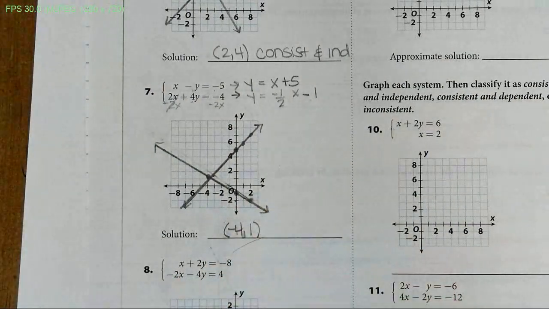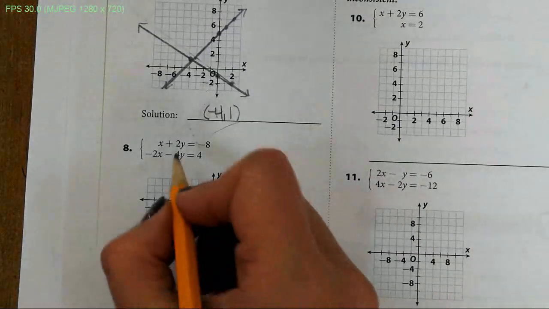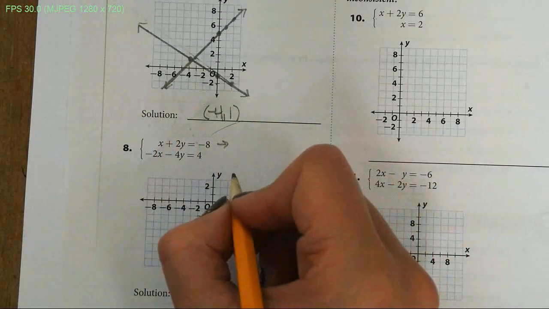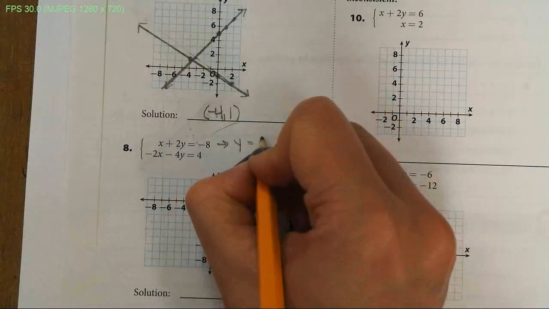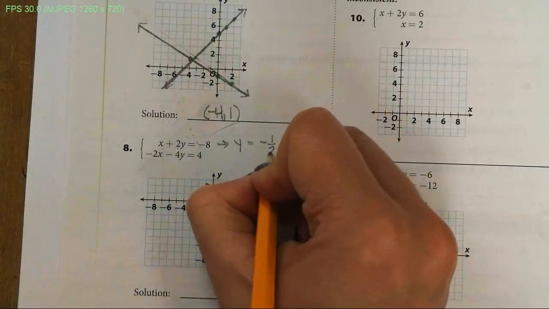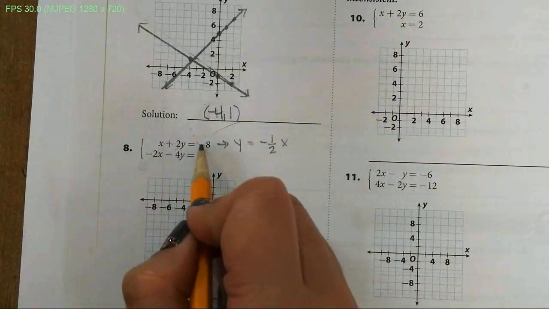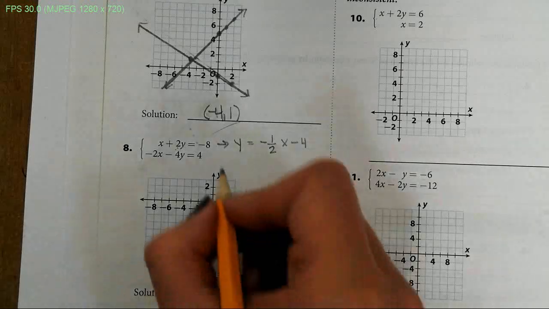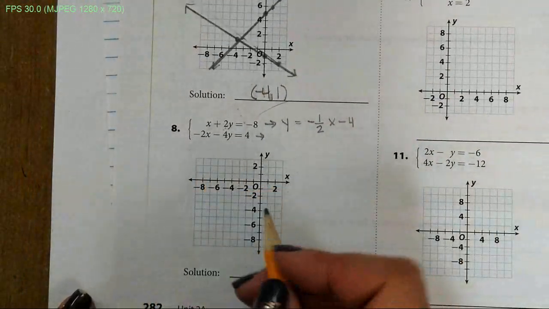Let's go ahead and do the next one. Over here, I move my x over to the other side, and I divide by 2, so I have y is equal to -1/2 x, and I'm dividing by 2, so this is going to be divided by 2 also, and so that's going to be a -4. Over here, this one's got more steps, so I can't really do this one mentally.